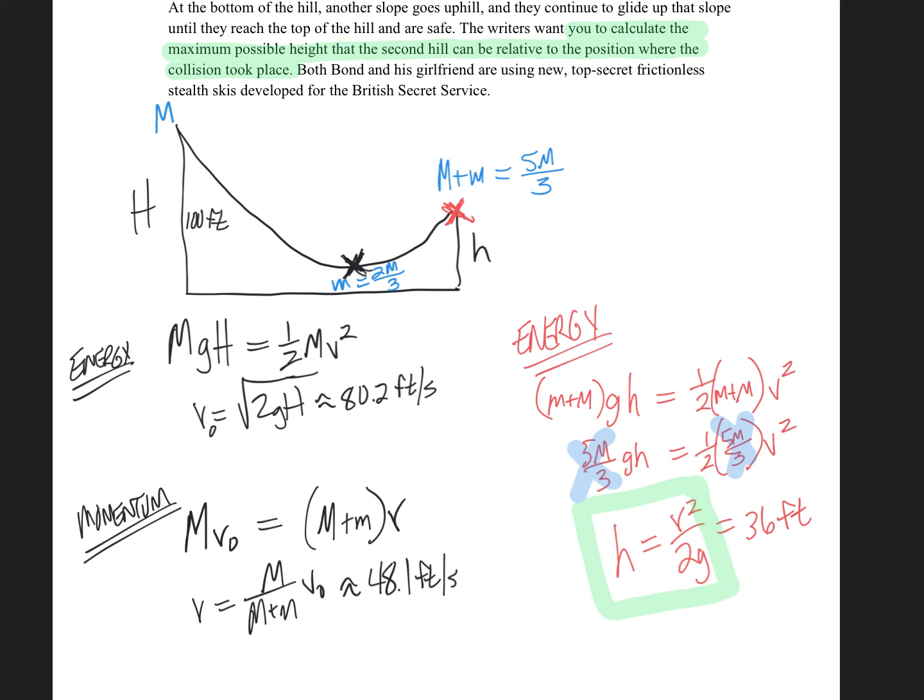If we were solving for v, it'd be root 2gh. If we were solving for h, it's v squared over 2g, etc. So that is a problem of conservation of energy and momentum, and often you have to do both, especially if there's a collision involved. All right, I think we're doing good. We'll actually finish this.